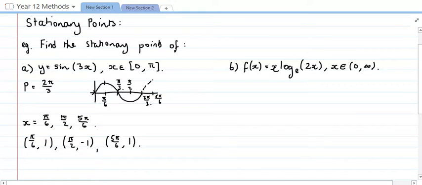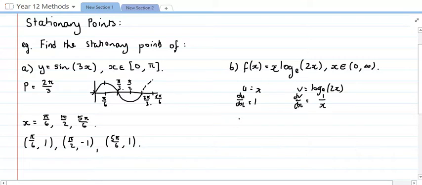For the next question, we've got x times log e of 2x over the domain 0 to infinity. So because it's being multiplied here, I need to use the product rule to differentiate. So straight away I'm going to go u equals x, and du dx equals 1, and v equals log e of 2x. So dv dx is going to be 2 over 2x, which just simplifies to 1 over x.